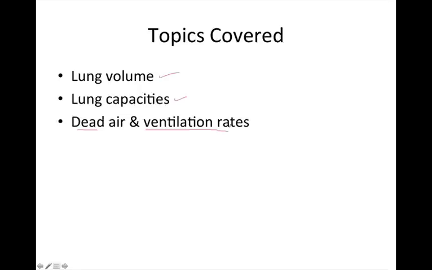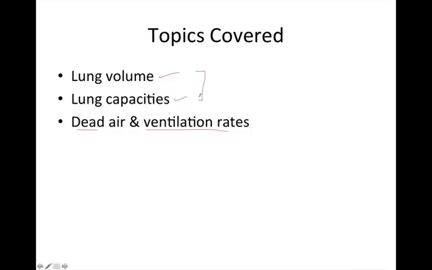Because realistically, what this is going to be all about when we talk about lung volumes and lung capacities, in previous videos I talked about the mechanics behind ventilation, how we get air into and out of the lungs for the purpose of gas exchange.